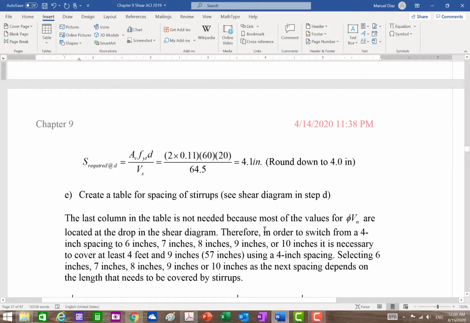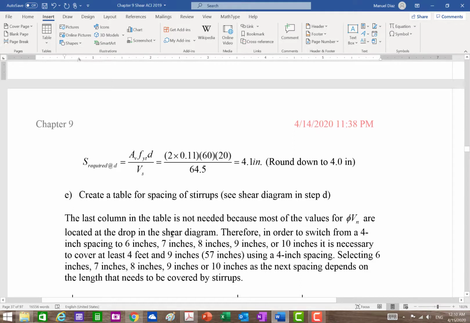The last column in the table is not needed because most of the values for V sub n are located at the drop in the shear diagram.